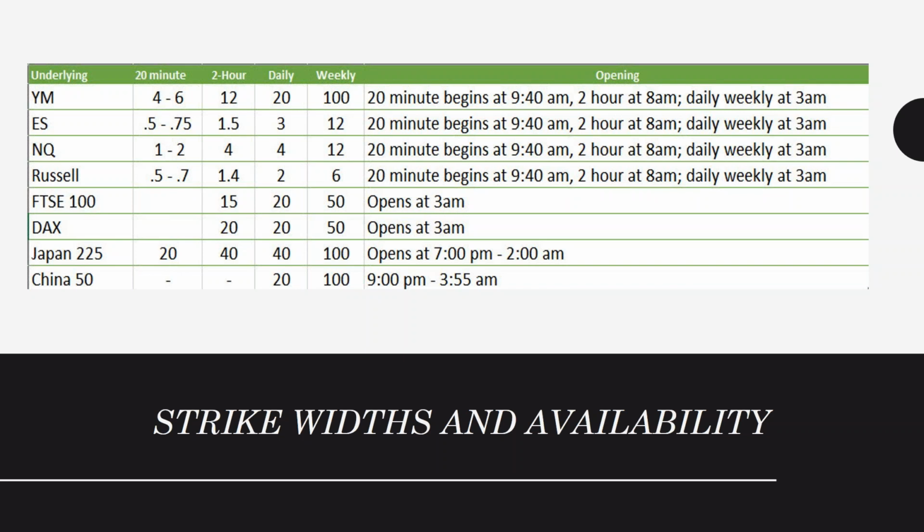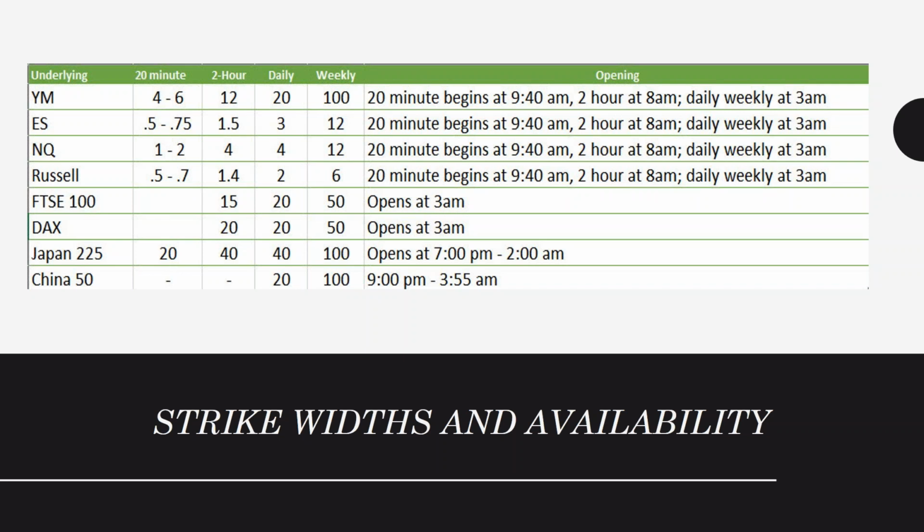Now, you do need to remember that the 20-minute binaries begin at 9:40 a.m. So if you open up Nadex and you're trying to find a 20-minute binary at 9:30, you won't see them. They do not begin until 9:40 a.m. The 2-hour binaries begin at 8 a.m. and the daily at 3 a.m. Now, this applies to all of the U.S. indices.